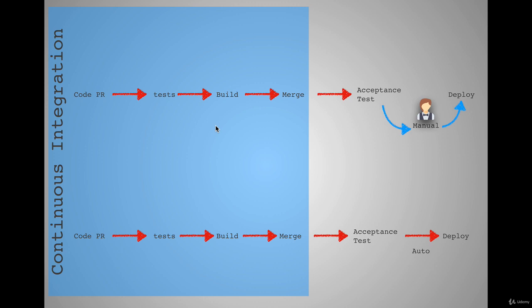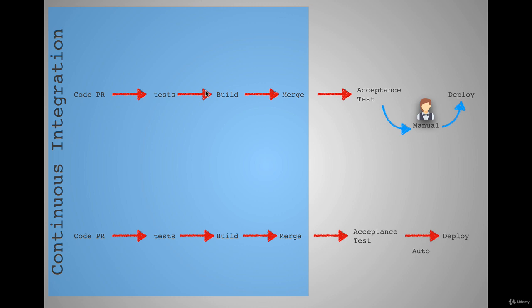Each pull request of a bug fix or a new feature must go through an automatic build step that may include things like tests and linting to make sure that all our unit tests pass, maybe we haven't made any linting or syntax error, and that our project builds as expected.